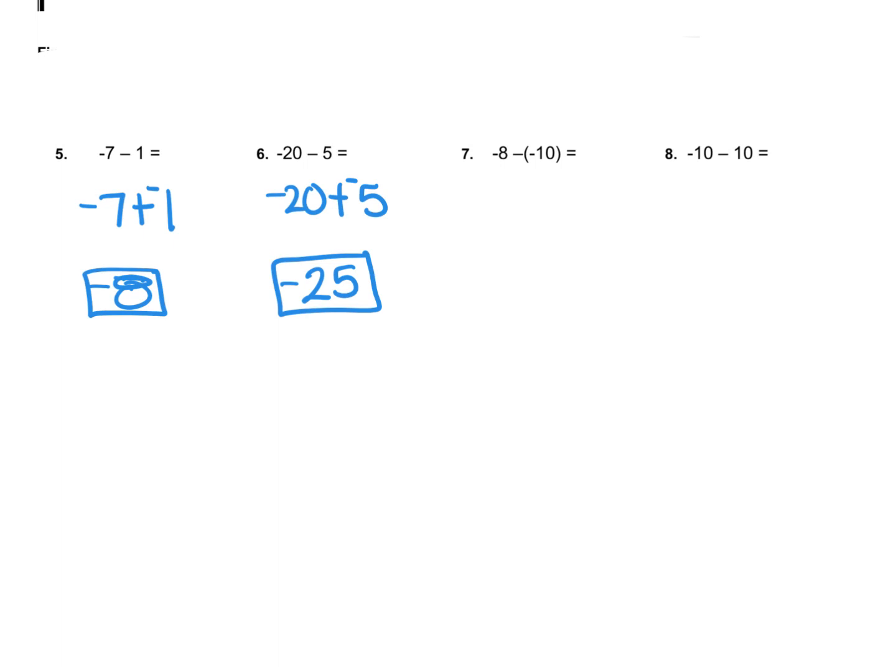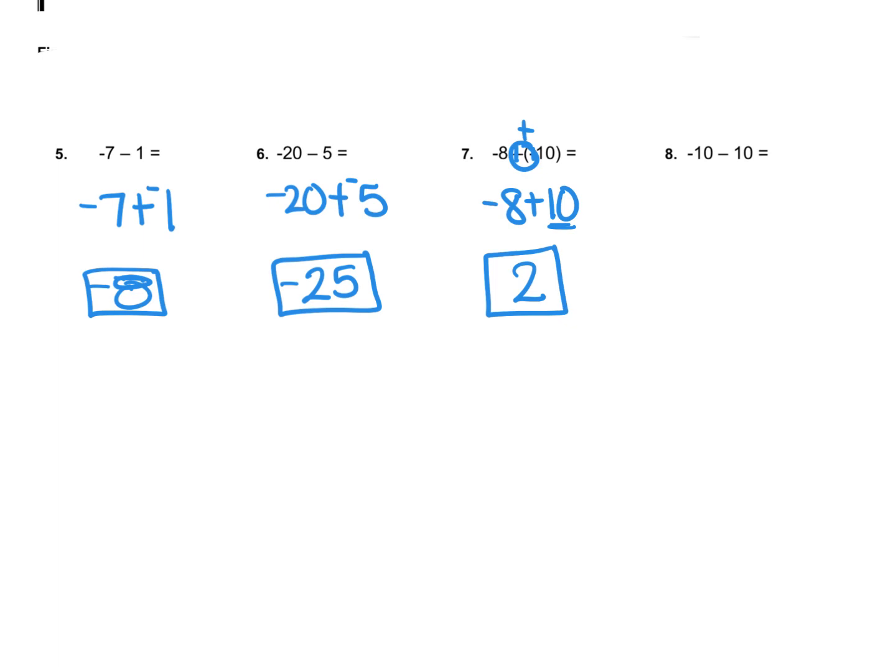And again, add the opposite, or I just circle and make it a plus. So what I have left is negative 8 plus 10. And so now they're different signs, so I'm going to subtract them. So 10 minus 8 is 2, and because it was more positive, it's just going to remain a positive 2.